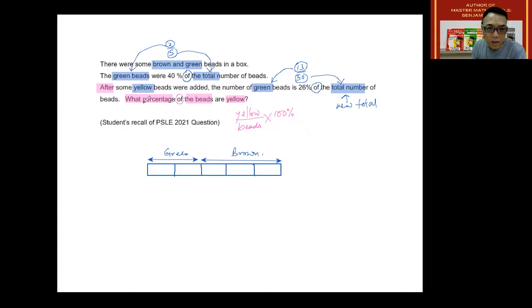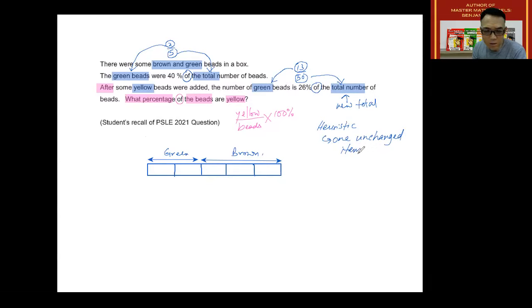Now, some yellow beads were added, and as a result, the green beads became 13 out of 50 of the new total. Now, keep in mind that nothing changed the green. In other words, this question is under the heuristic skill of one unchanged item or one variable unchanged, as some people will call it.